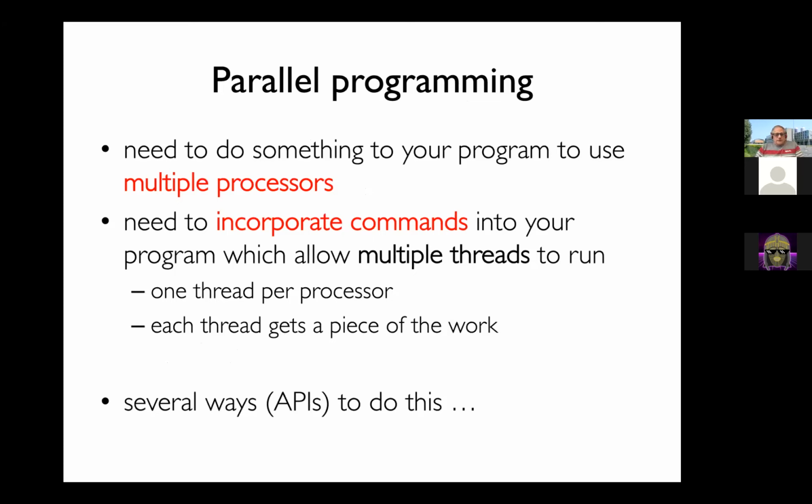How do we do that? There's no magic wand here. If you want to write a parallel program, you need to modify a little bit your sequential program, the one you started with and implemented on your desktop machine. There are different ways of doing it.